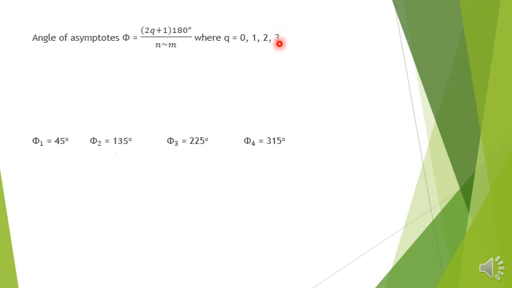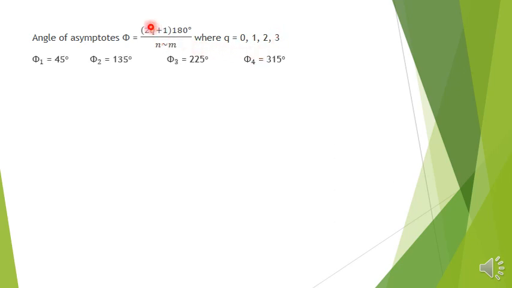So what are the angles? If I substitute q equal to 0, 180 by 4 gives 45 degrees. If I substitute q equal to 1, 3 into 180 by 4 gives 135 degrees, then 225 and 315 degrees. These are the 4 angles of asymptotes.